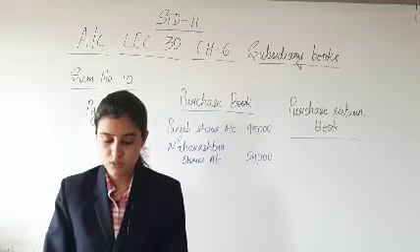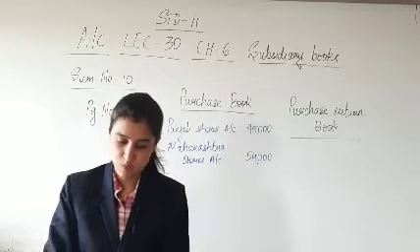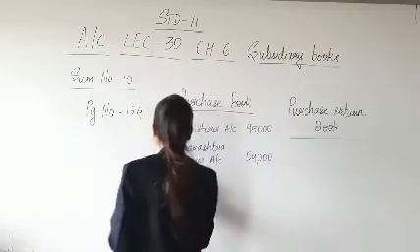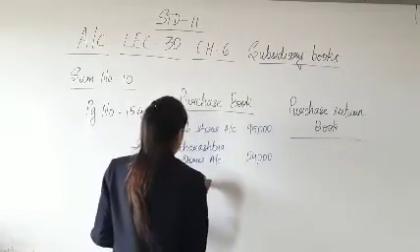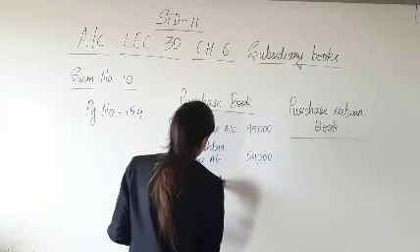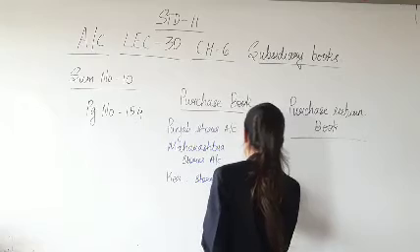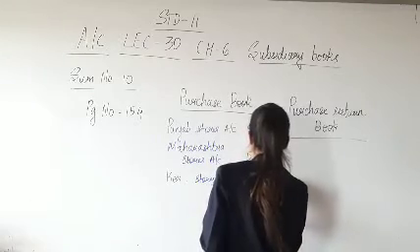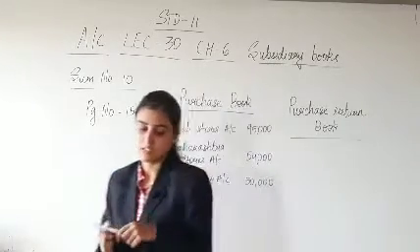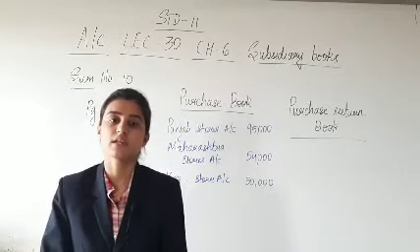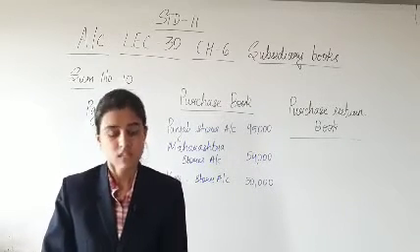So 50,000 will be recorded in purchase book again. The name of the party, Kerala Stores. Of course, you will be writing down a note for this, that half of the amount paid immediately will be recorded in cash book.